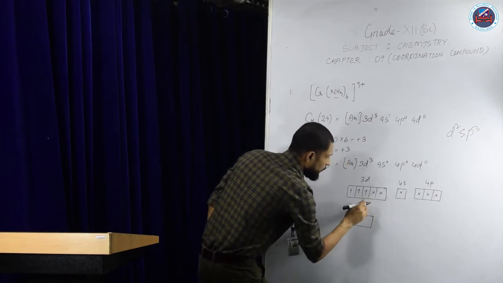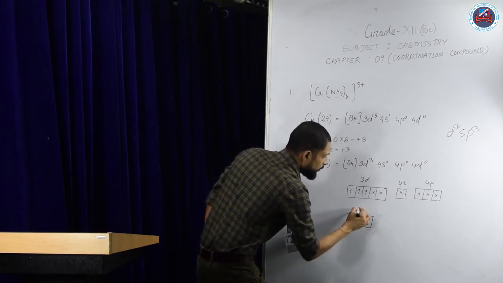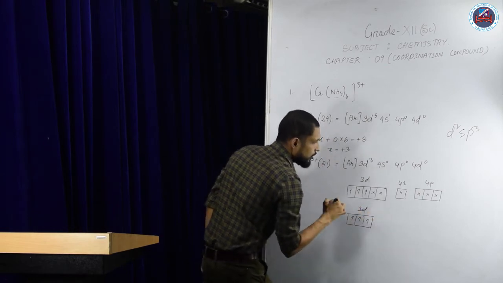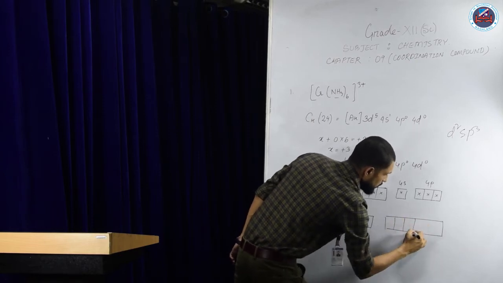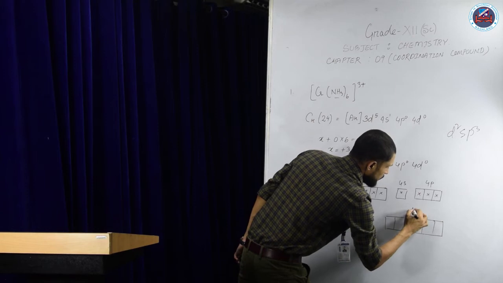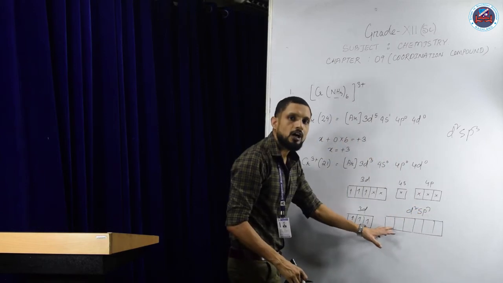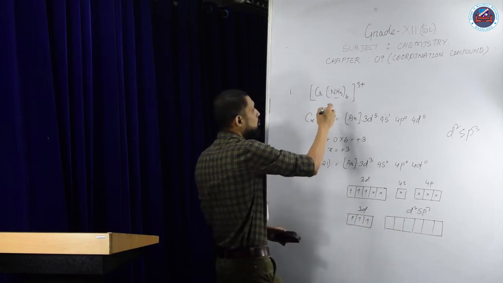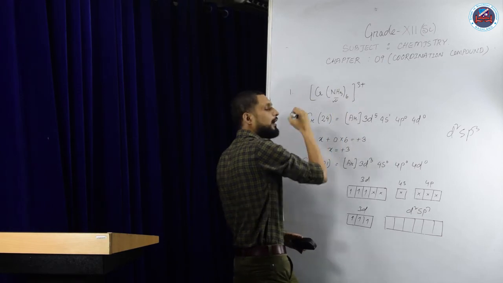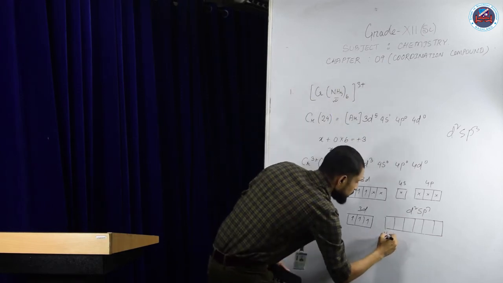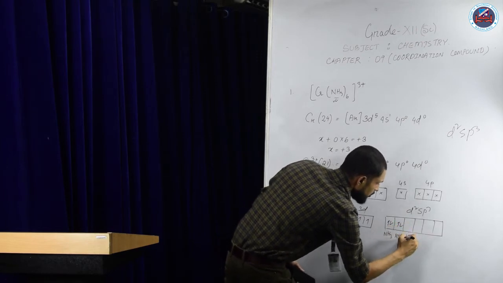From 3d we have used 2 orbitals for hybridization, so there will be 3 left. Hybridization is d2sp3, and each vacant hybridized orbital will be occupied by the pair of electrons donated by NH3.